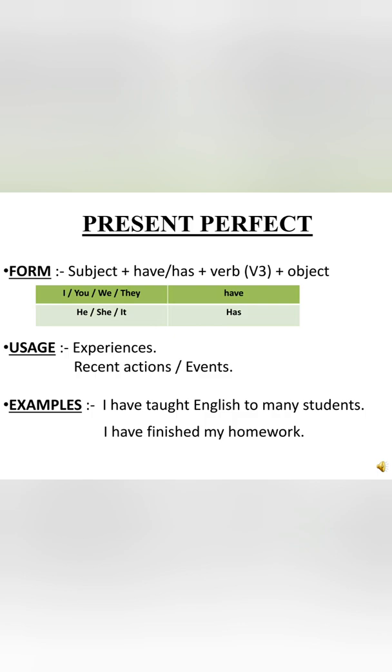It talks about an action that has been completed. It can be 5 seconds ago, 1 hour ago, or 5 minutes ago. So we are not certain when I finished my homework. And in the first, this experience of mine is still continuing. So present perfect tense talks about experiences or recent events or actions.